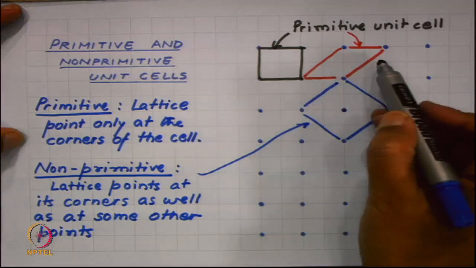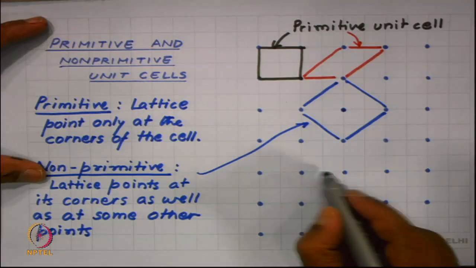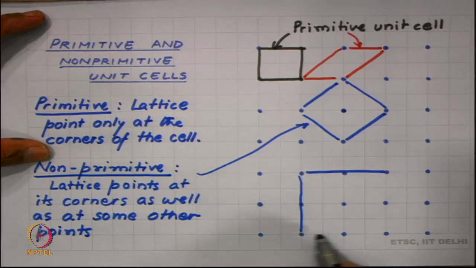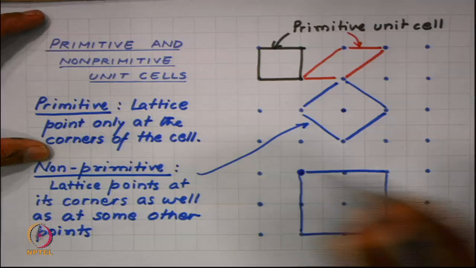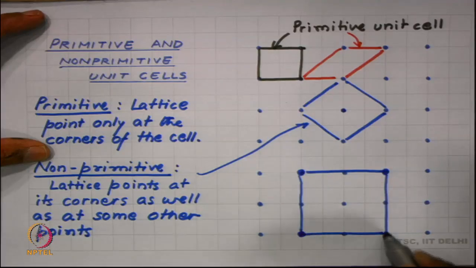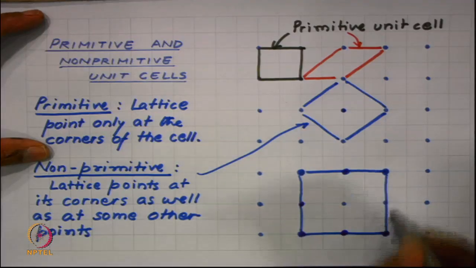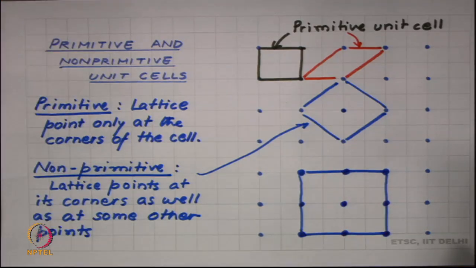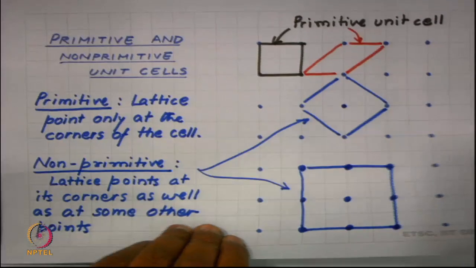You can have many different primitive unit cells, and you can have many different non-primitive unit cells as well. So, for example, if I choose a still larger square, let us say like this, this also is a parallelogram with lattice points at its corners. So, it qualifies as a unit cell, but apart from the corners it has lattice points at its edges and it has a lattice point at its center. So, this will be another example of a non-primitive unit cell.